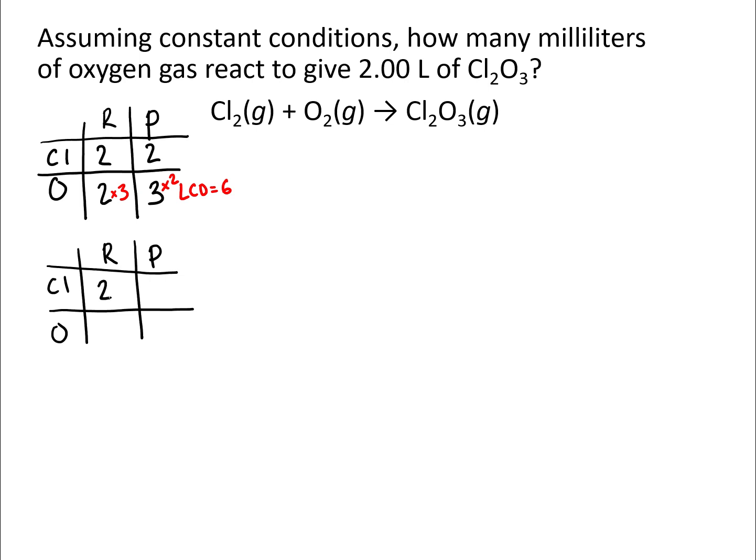We haven't touched the chlorine on the reactant side, but we're putting a 3 in front of here, a 2 in front of here. So we've got 6. 3 times 2 equals 6 oxygens. And then on the product side, we now have 2 times 2 equals 4 chlorines, and 2 times 3 equals 6 oxygens. Now I've got to balance the chlorine.